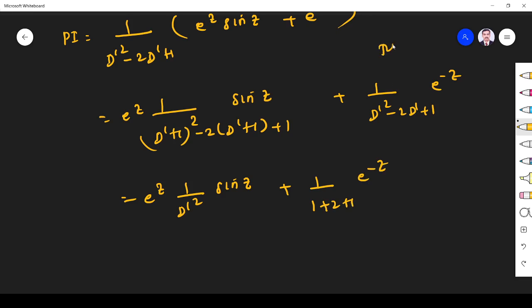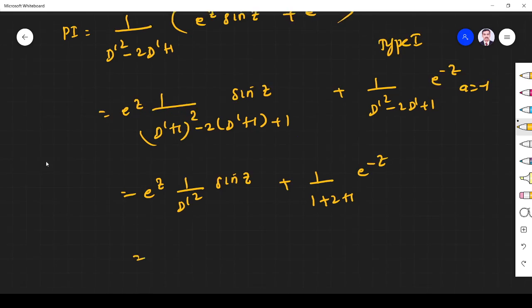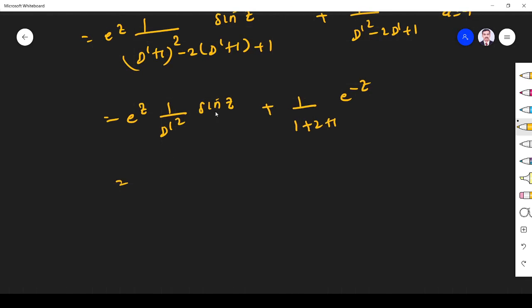This is type 1, so you know how to solve type 1. Here a is minus 1, so replace D dash by minus 1: minus 1 squared minus 2 into minus 1, plus 1. Okay, this is giving 1 by D dash squared, which is integral twice of sine z. So sine z integration is minus cos z, integration again is minus sine z. So it is minus sine z plus e power minus z by 4.